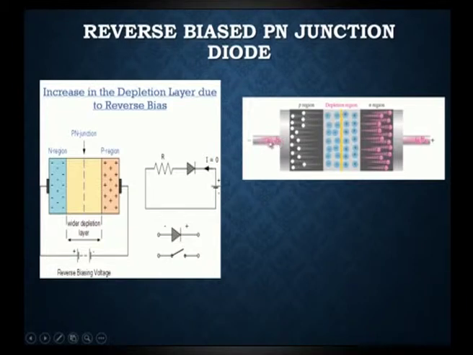This is the direction in which the electrons flow, and the holes present in the P region are attracted here because of unlike poles, and similarly in the N region the electrons move towards the positive terminal.